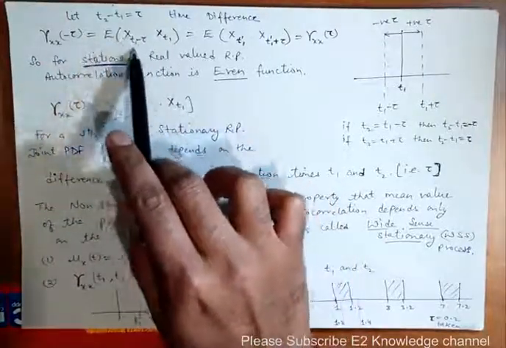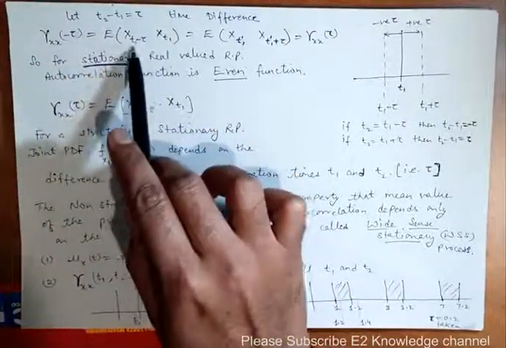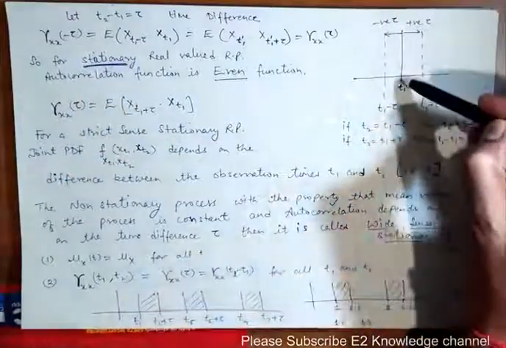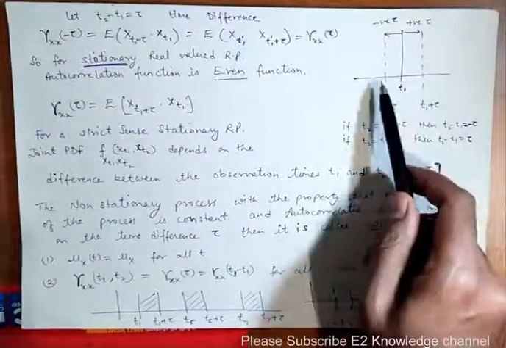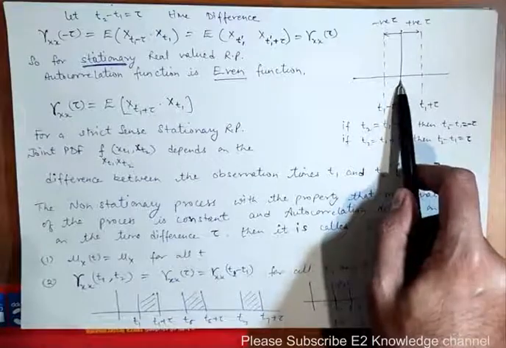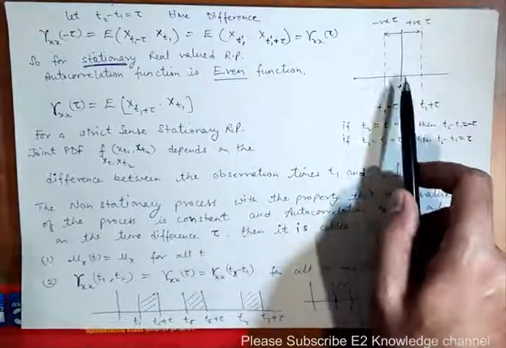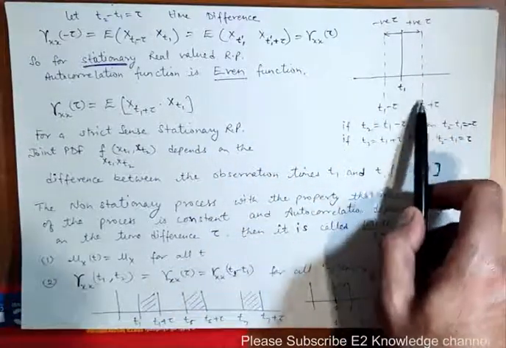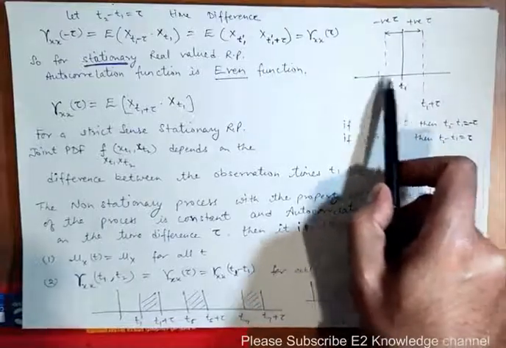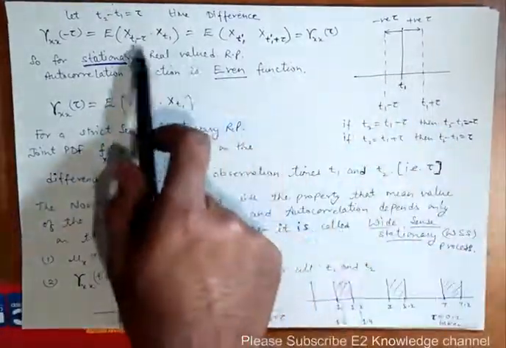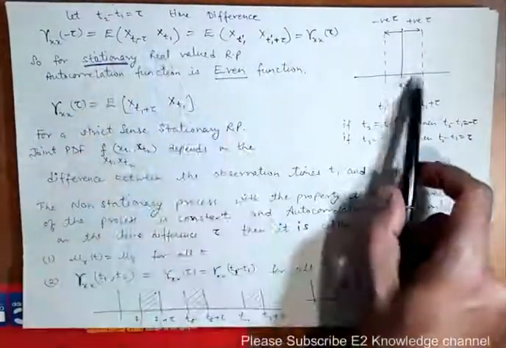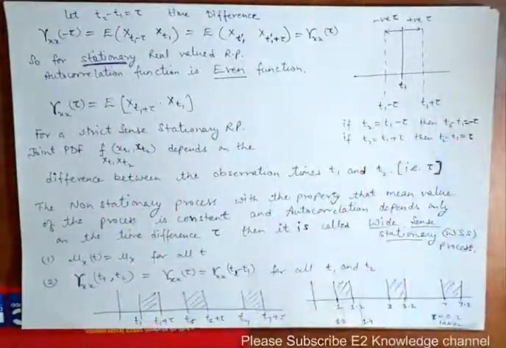Suppose one instant is t1 and the second instant is t1 minus tau. In the first case we are taking these two values, in the second case we are taking these two values.